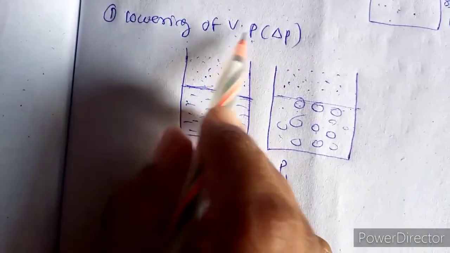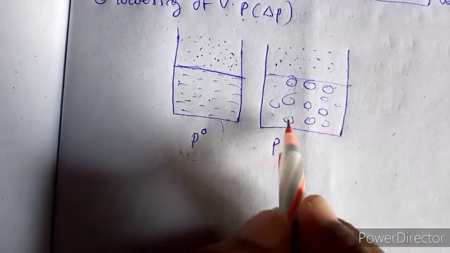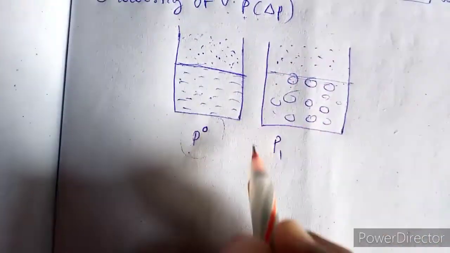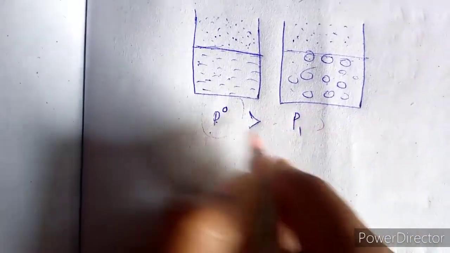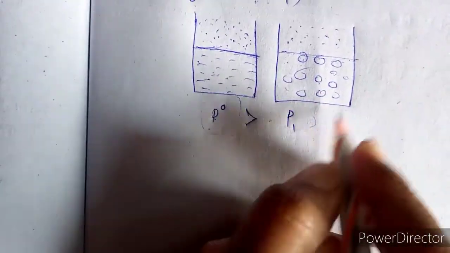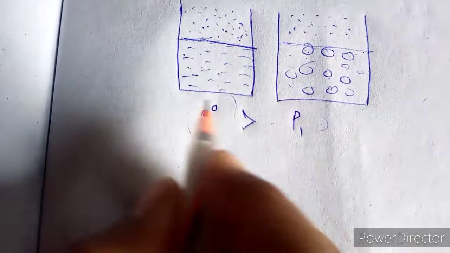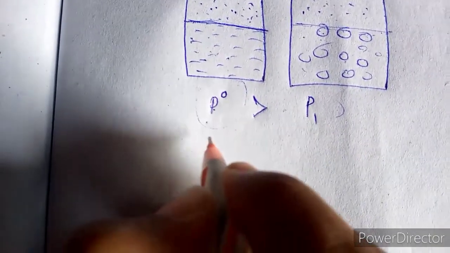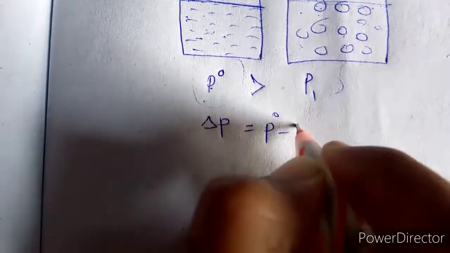So which vapor pressure is more? The solvent vapor pressure is more than the vapor pressure of the solution consisting of solute plus solvent. Now we can write the decrease in vapor pressure, delta P, as P0 minus P1.